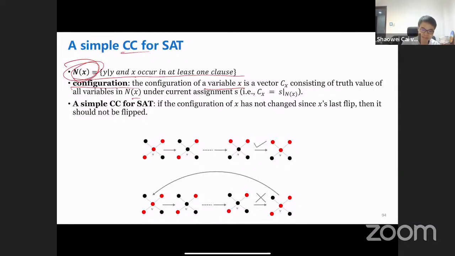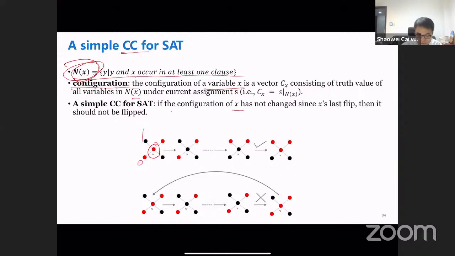Then with this circumstance definition, we can now describe the CC strategy. If for variable x its configuration has not changed since its last flip, then it should not be flipped. Here I have an example. We consider the central variable V, and we have red and black to represent 0 and 1 of the assignments.